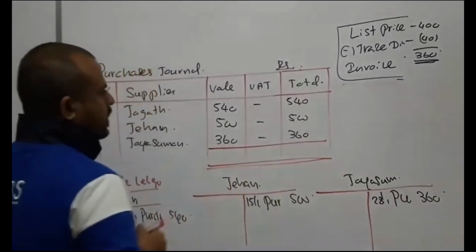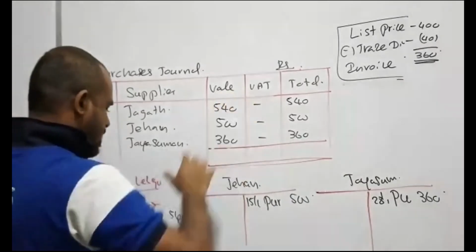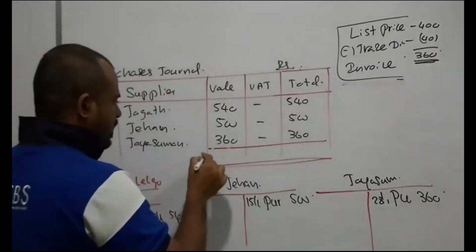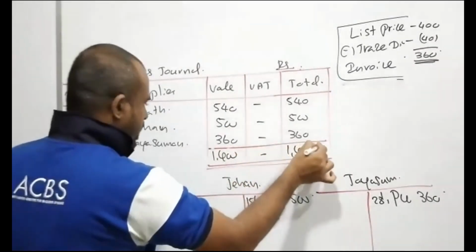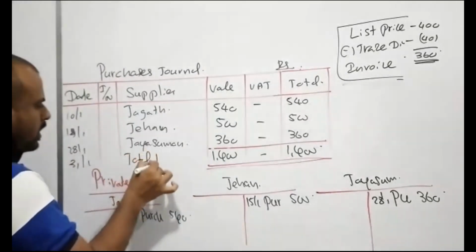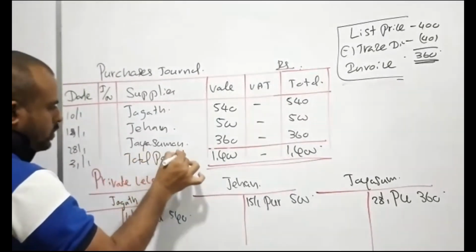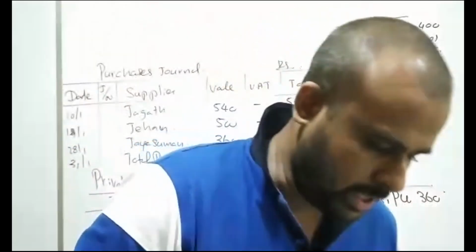After recording that, give the total: 1,400,000. Here you write on 30th January, total posted to GL. Right, complete it.